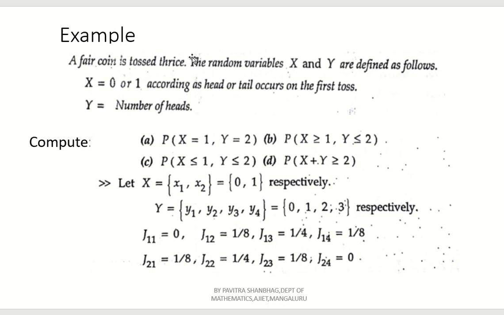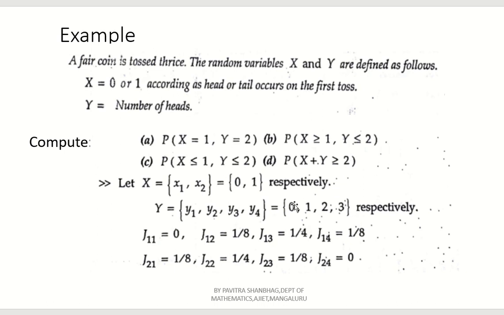Already we have discussed about this, right? Because when a fair coin is tossed thrice, there are total 2 power 3, that is 8 possibilities, that we already discussed in the previous example. Now here x takes the values 0 and 1, and y takes the values 0, 1, 2, 3. That we have done in the previous two problems, same problem. Just here the condition is different.